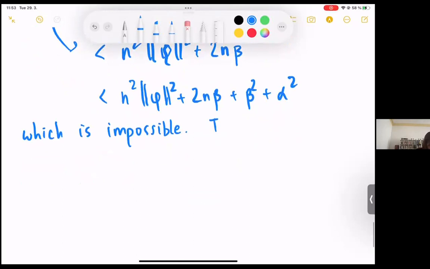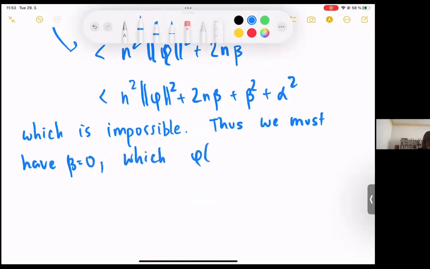So beta could not have been positive. And this shows that phi of A is actually in R.